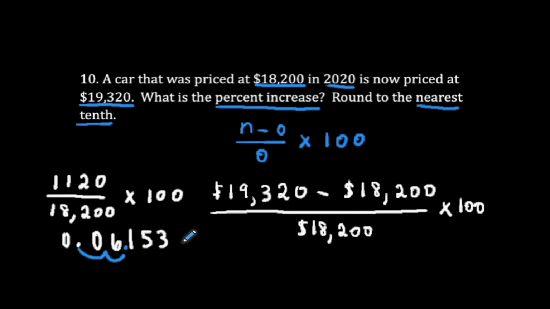And that gives us 6.153. And so remember, we have to round to the nearest tenth. So in the tenths place, we have a 1, but the next place value over is 5. So it's 5 or more, so we have to round 1 up to 2, because we have to add 1 to this 1. So that gives us 6.2%. So that means that the percent increase was 6.2%.